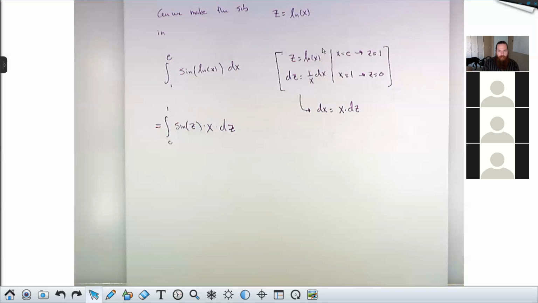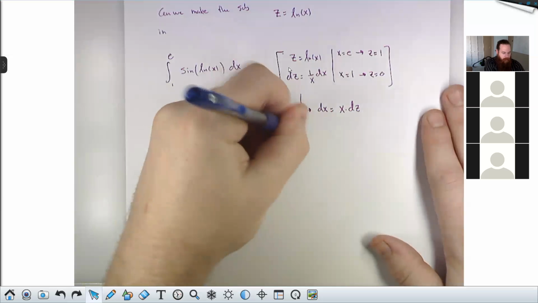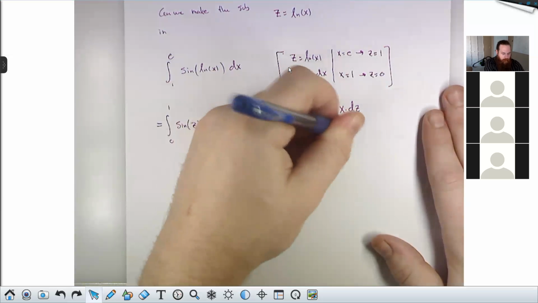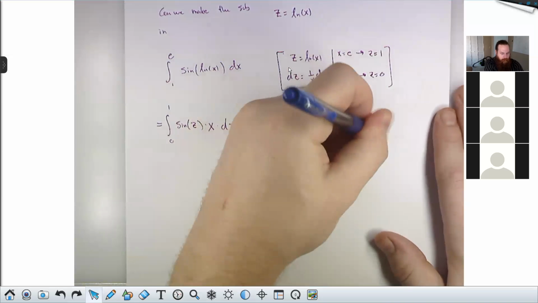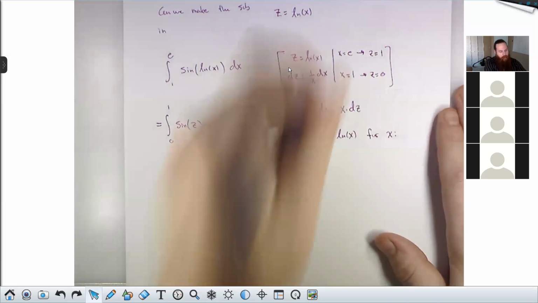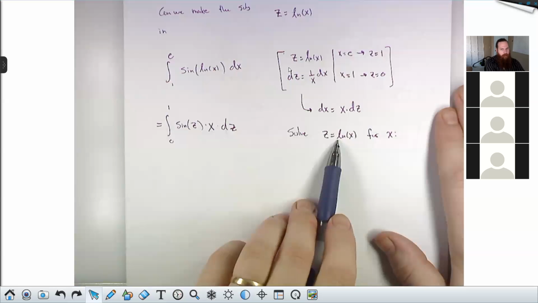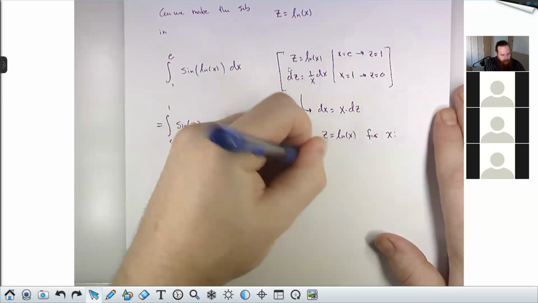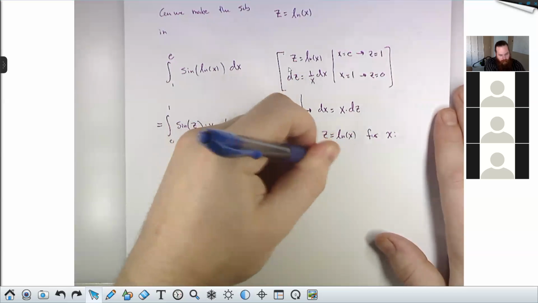What you can do in this case, and what you can do in general when you run into this problem, is go back to your substitution, z is equal to the natural log of x, and solve that for x. So how do you solve this for x? You've got to get x out of the natural log, so you exponentiate on both sides, base e.